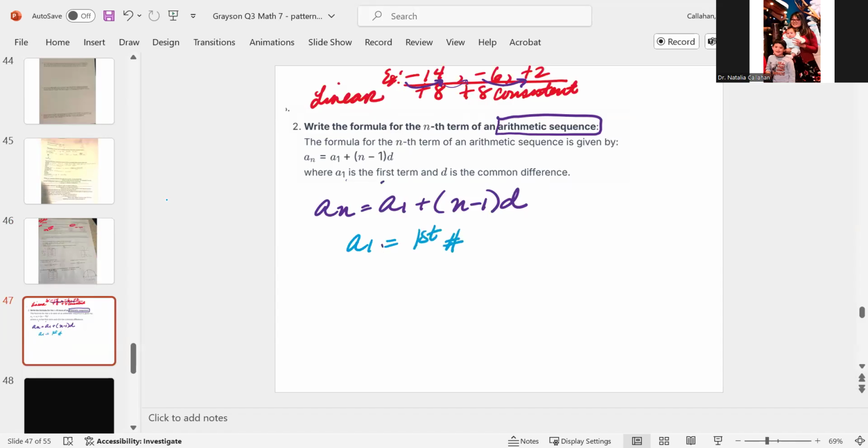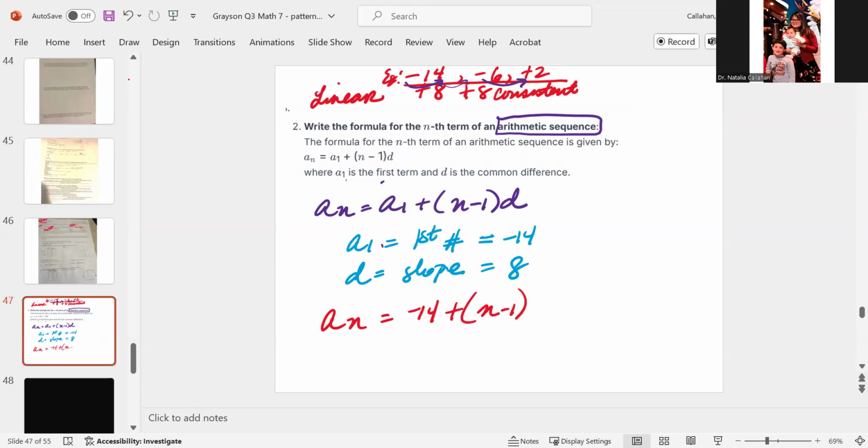What's your first number in the example? -14, so that's your answer right there, right? D is your slope. What was your slope here? +8, right? So we just put 8. So then a sub n equals, when we replace everything, -14 plus (n minus 1) times 8, correct?